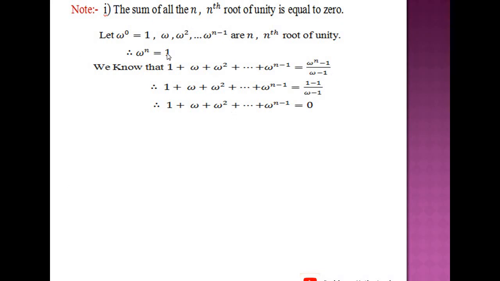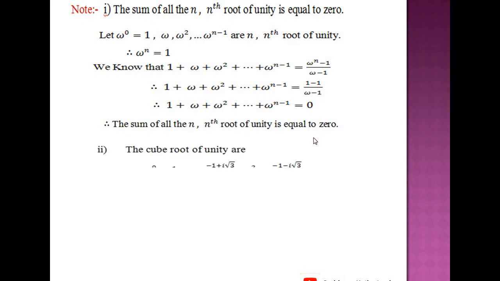But omega raised to n is 1, and therefore 1 minus 1 upon omega minus 1, that is 1 minus 1 is 0. Therefore 1 plus omega plus omega square plus up to omega raised to n minus 1 equal to 0, and it means the sum of all nth roots of unity is equal to 0.